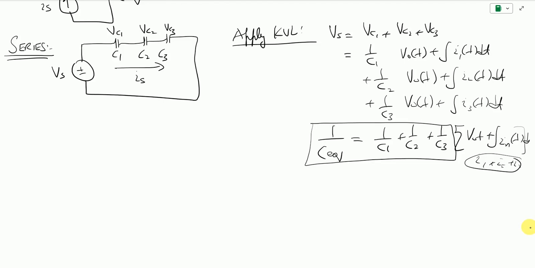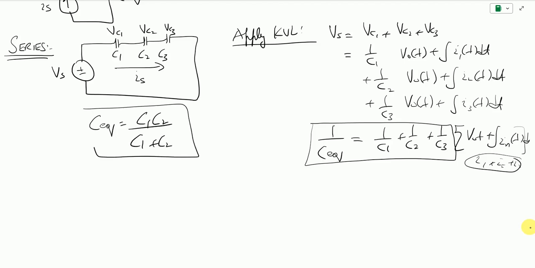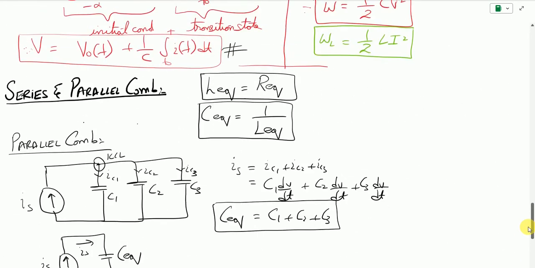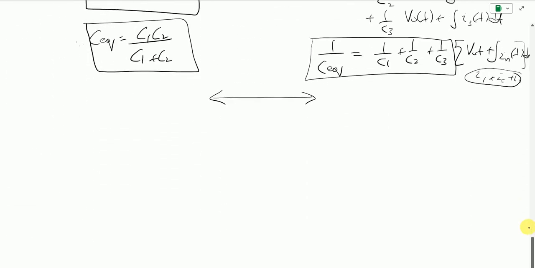Okay, another thing to note for the series connection is, since we are having the equivalent, if we have two capacitors connected in series, their equivalent is going to be C1 C2 divided by C1 plus C2. So this we need to remember, because it helps us solve these kinds of complex networks where multiple capacitors are needed. So to summarize this, the series and parallel combination of capacitors is opposite to what we saw in series and parallel combination of inductors and resistors, but the process of solving remains the same.